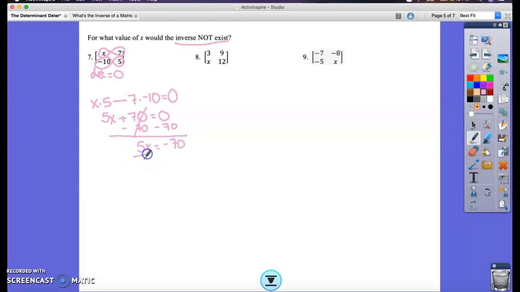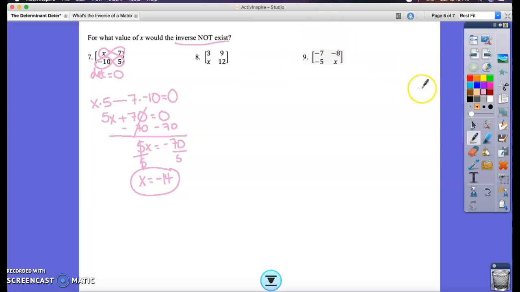I'm going to divide by 5, divide by 5. The value for the entry x that is in row 1, column 1 of this original matrix that would make this determinant 0 and the inverse not exist would be negative 14. This is the only number that I would put in here that would make the inverse not exist.